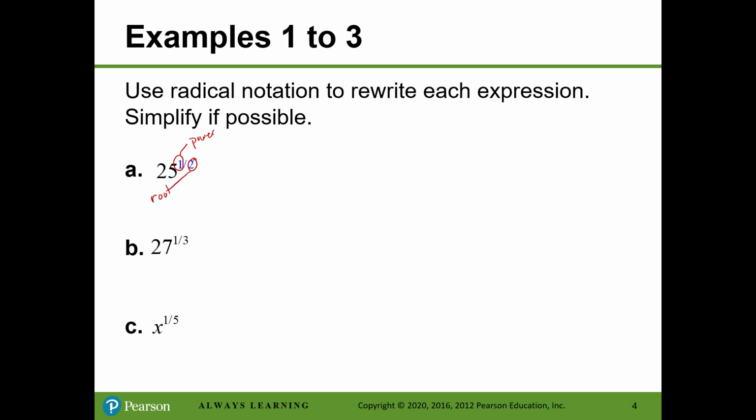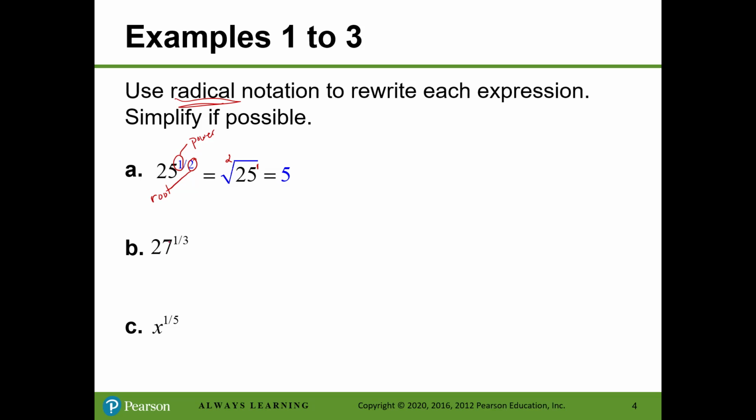So if you rewrite it using a radical, that is technically the square root of 25 to the power of 1, right? Well, 25 to the power of 1 is 25, isn't it? And you know the square root of 25 as well as I do. Yeah, that's a 5. Good?